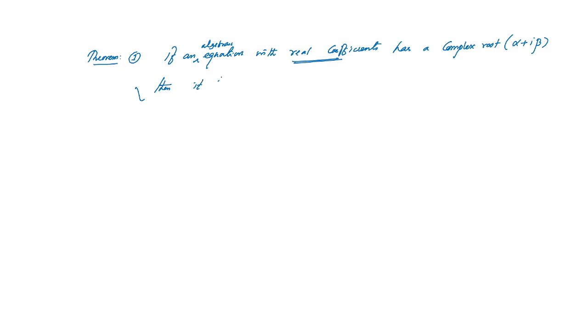If an algebraic equation with real coefficients, this is very, very important, has a complex root alpha plus i beta, where i is the imaginary number, then it also has a conjugate complex root alpha minus i beta.